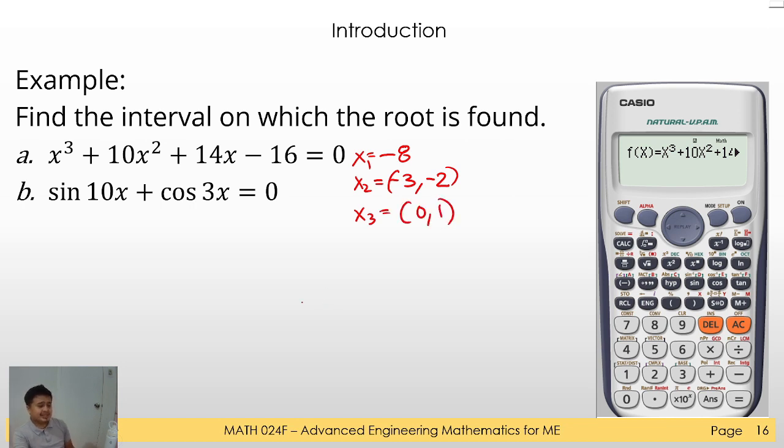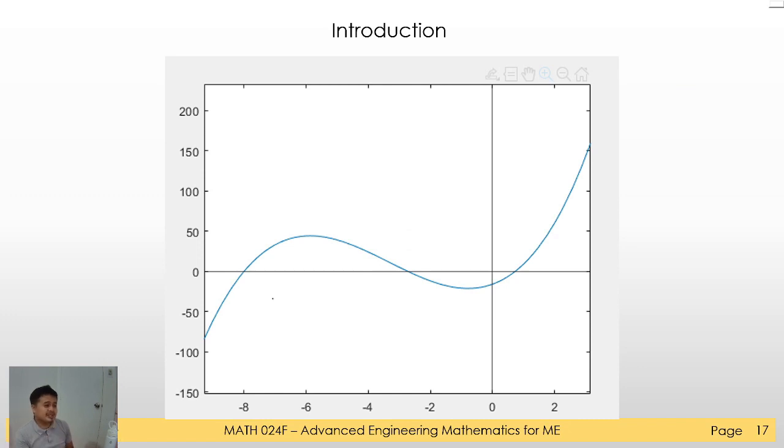So let's see this now. As you can see here, if we graph this function, we have the solution. So we have already negative 8. And then somewhere in between negative 2 and negative 3 lies another solution, no? Which is this. And then somewhere between 0 and 1, we have another solution.